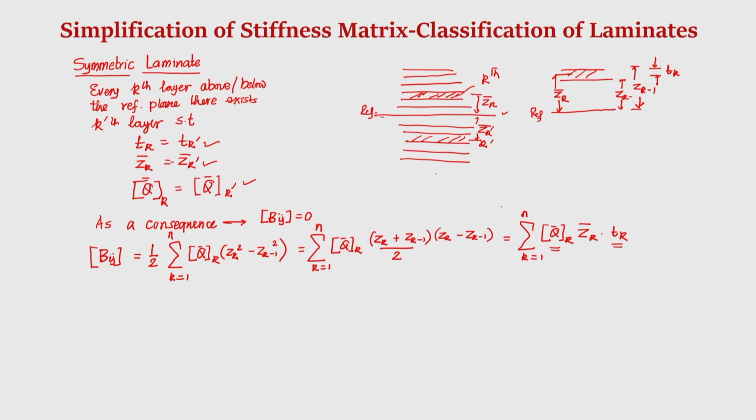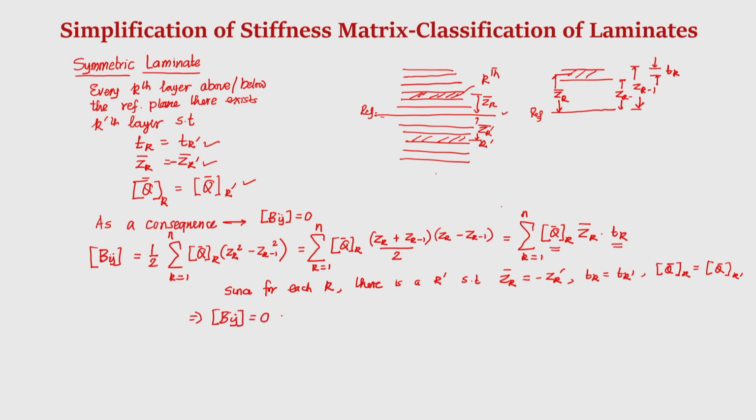Okay, sorry, I had not given the minus sign here. Therefore, since for each k there is a k prime such that z k bar is equal to minus z k prime bar, T k is equal to T k prime and q bar k is equal to q bar k prime, therefore, B i j is equal to 0. So, this is the characteristic of a symmetric laminate.